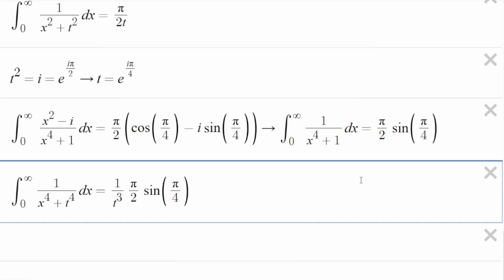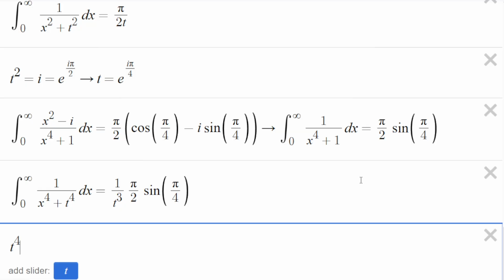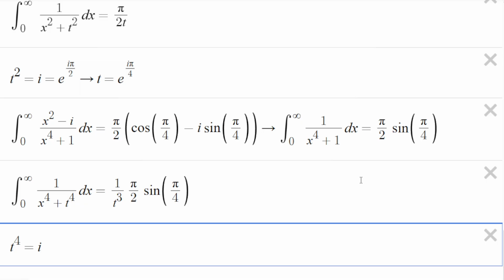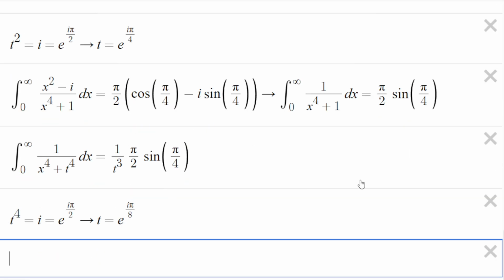All right. So now let's let t to the fourth, again, equal i. All right. Which is equal to e to the i pi over 2. And that implies that t is equal to e to the i pi over 8. All right. So now let's use that substitution.